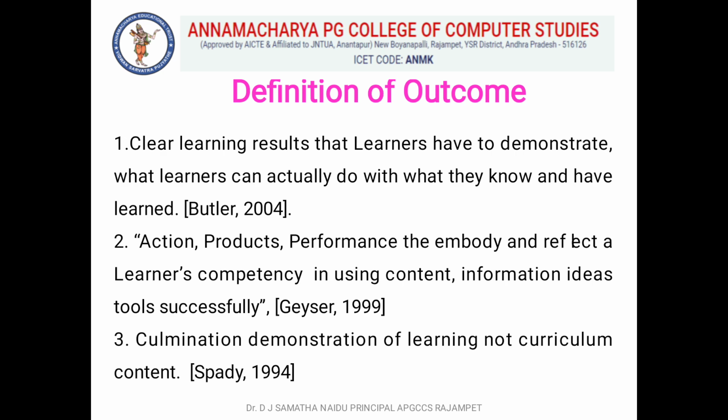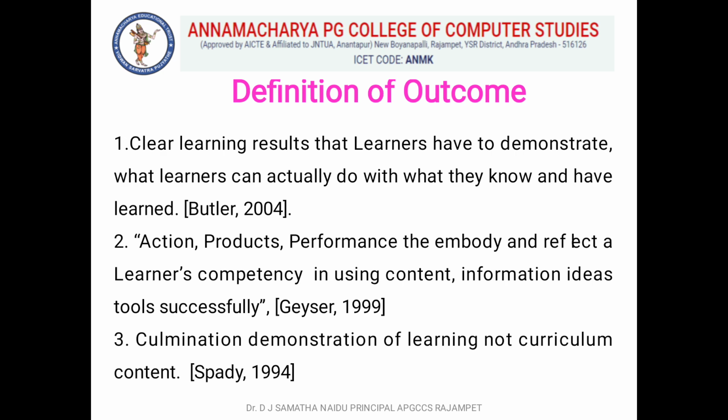The next concept is the definition of outcome based education. The first one is given by Blutter in 2004 in his research paper. They defined outcome based education in the form of clear learning results that learners have to demonstrate, which learners can actually do with what they know and have learned.